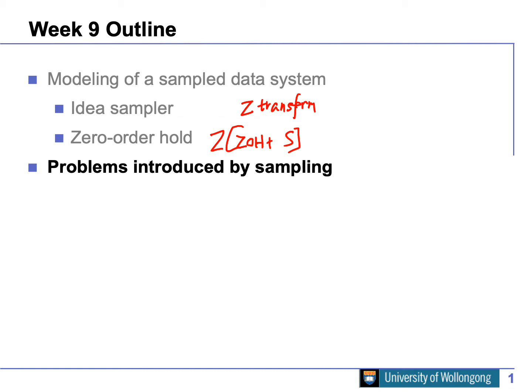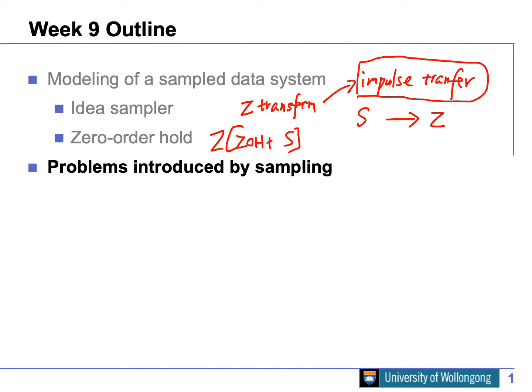Actually, next week I'm going to cover a few other ways to get from the S domain to the Z domain. Here are just two of the situations. The first situation is where we want to make sure the impulse transfer is maintained.